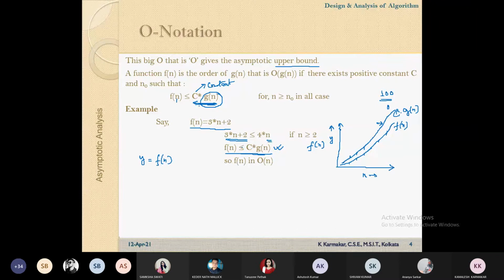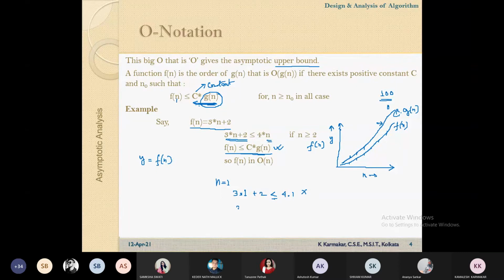So if we put n equals 1, what will be the value? 3 into 1 plus 2 less than or equal to 4 into 1. Is it satisfied? This one is not satisfied, because the left hand side will be 5, and 5 is not less than or equal to 4.